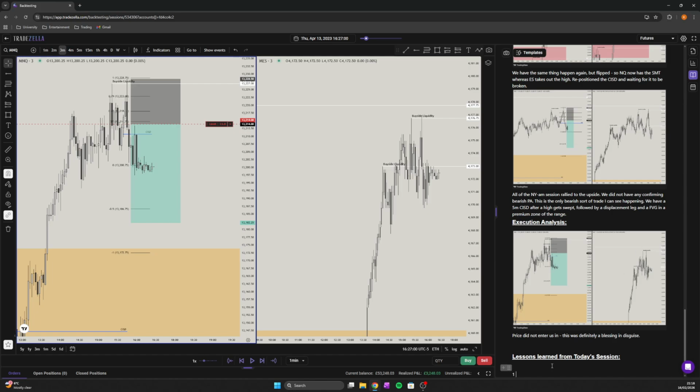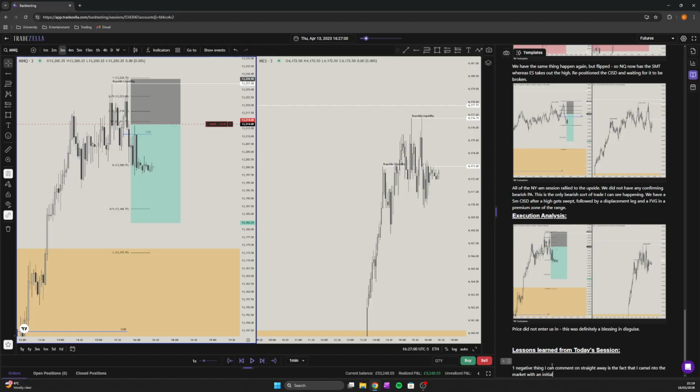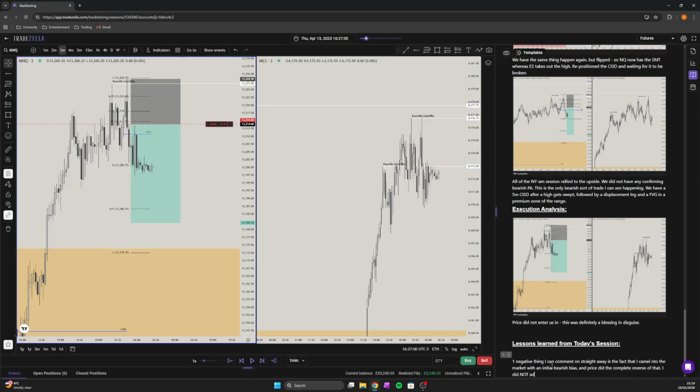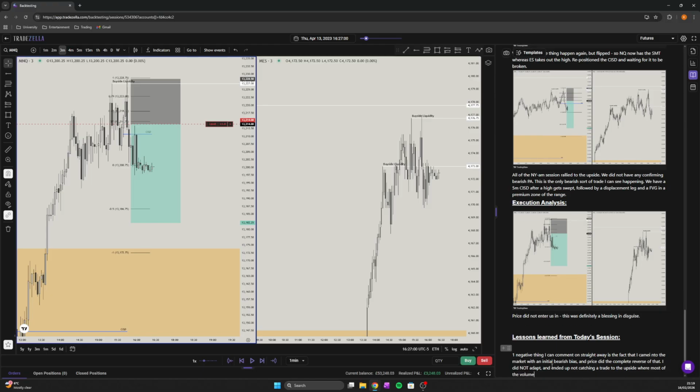I think one negative thing I can comment on straight away is the fact that I came into the market with an initial bearish bias, and price did the complete reverse of that. I did not adapt and ended up not catching a trade to the upside where most of the volume was headed.